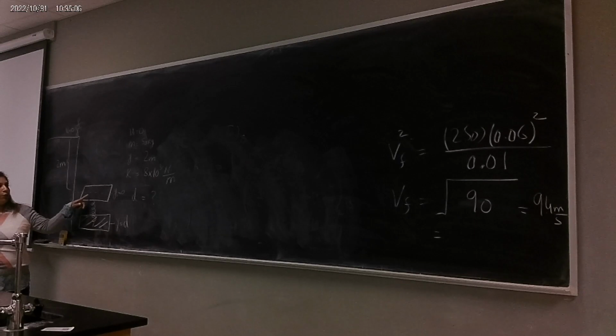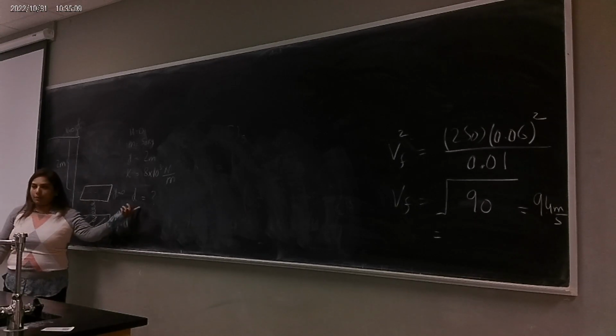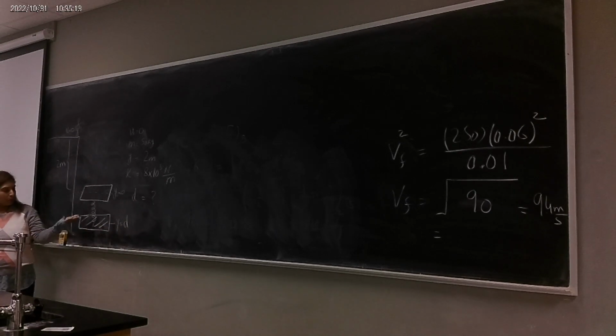Okay, and you want to know what is the final distance achieved. Obviously, the next step would be it will come back up, and it's like the trampoline effect. She's going to go up again, but we don't want to go that far. It's the first part that when she jumps, touches the platform, pushes it down.